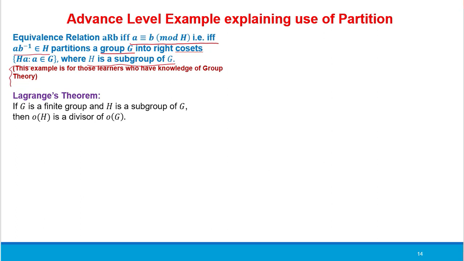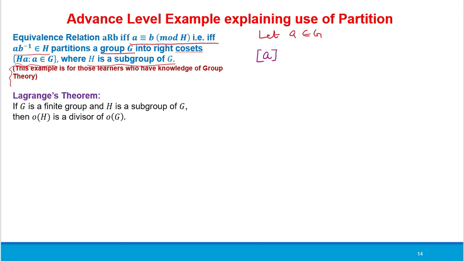So this is the family of right cosets, and what we are going to show is that these right cosets are nothing but the equivalence classes. So let A be in G, and then what is our equivalence class of A?